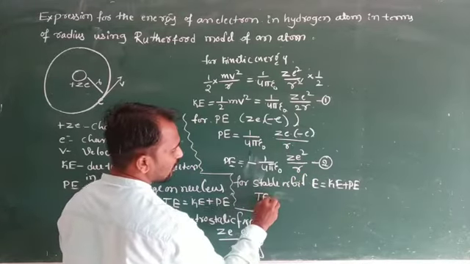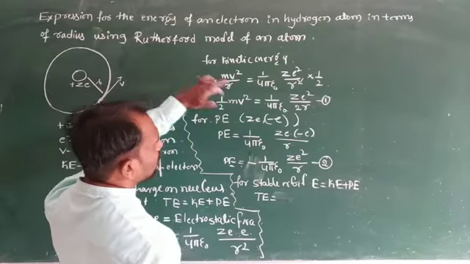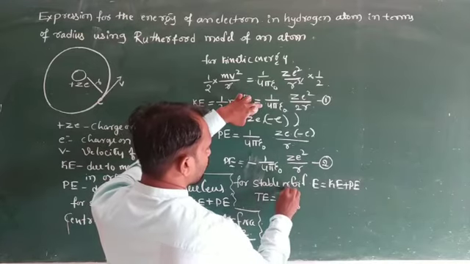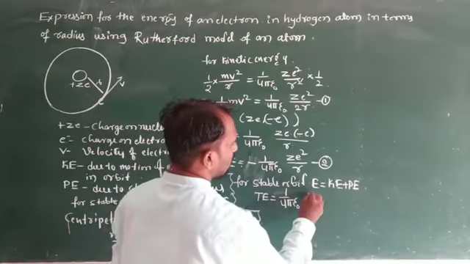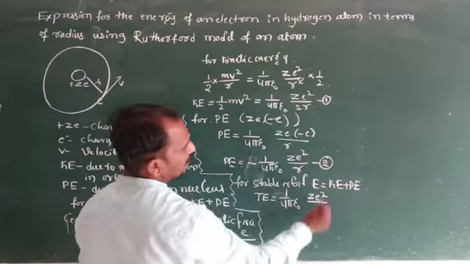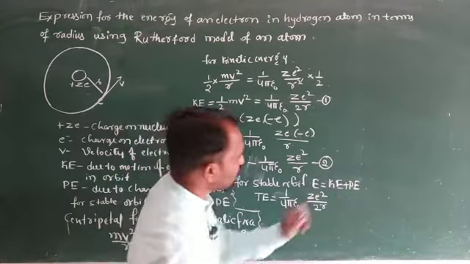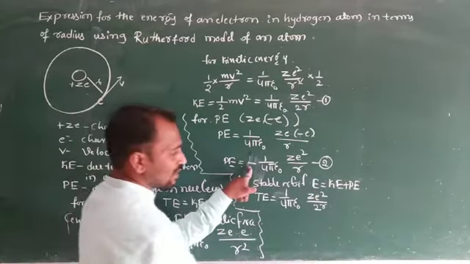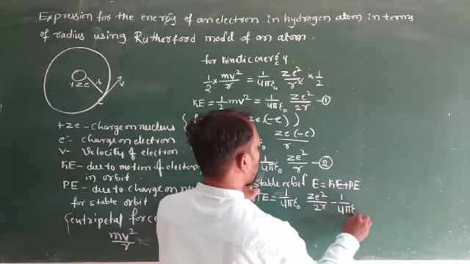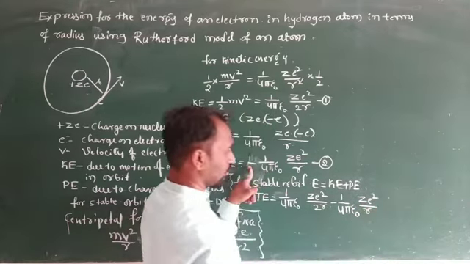First the kinetic energy, 1 by 4 pi epsilon naught Z E square divided by 2R, and then the potential energy, plus minus 1 by 4 pi epsilon naught ZE square divided by R.